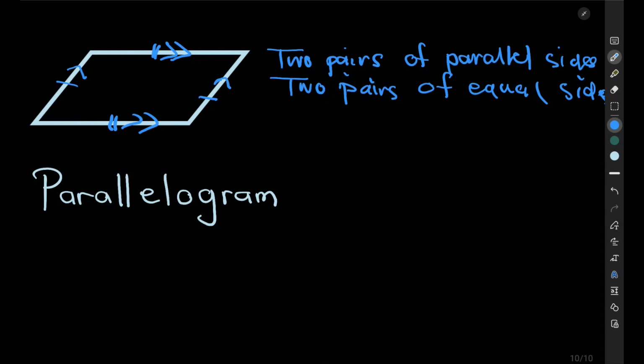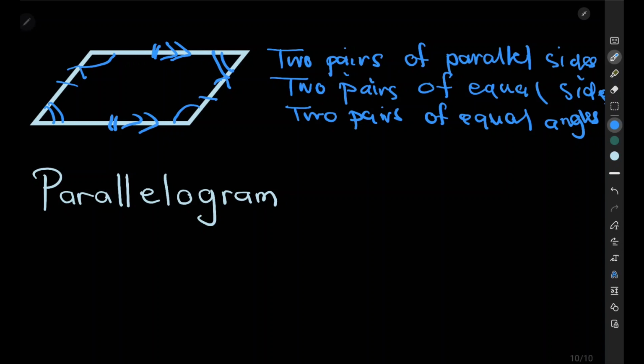Another property that we can deduce about a parallelogram is that the opposite angles, this angle and this angle, are equal. This angle here and this angle are also equal. So it also has two pairs of equal angles.